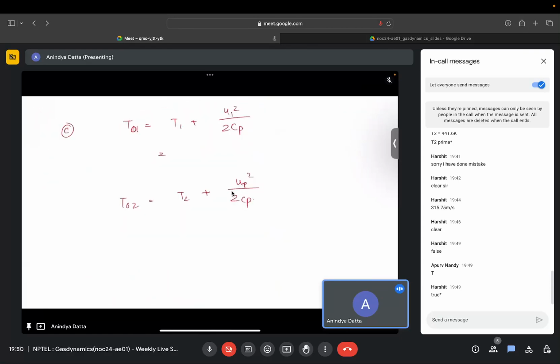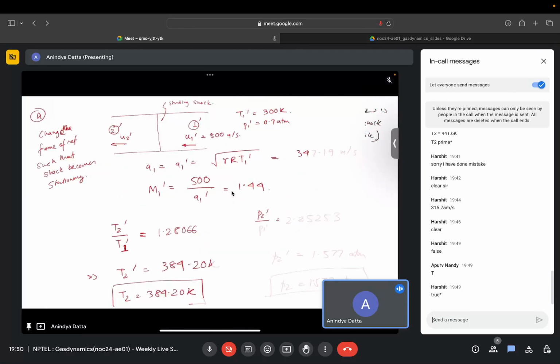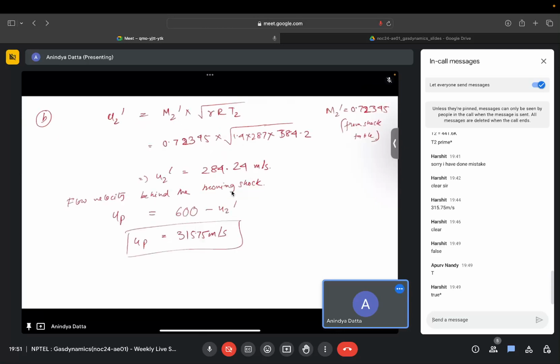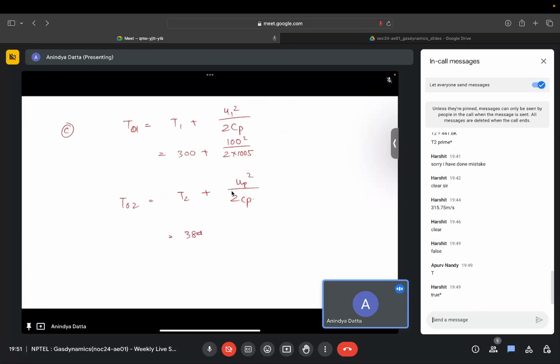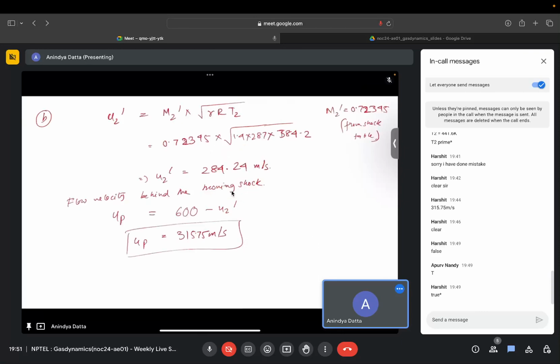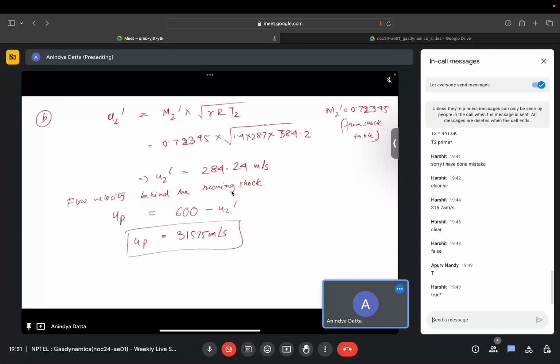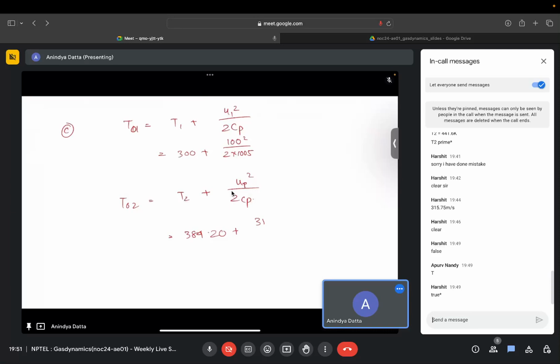So what was T1? 300 plus U1 was 100 square by 2 Cp, and T2 was 384.20 plus 315.75 whole square by 2 into 5.